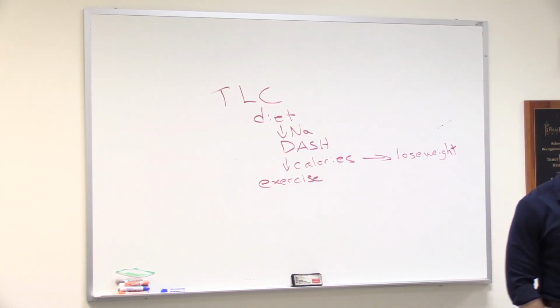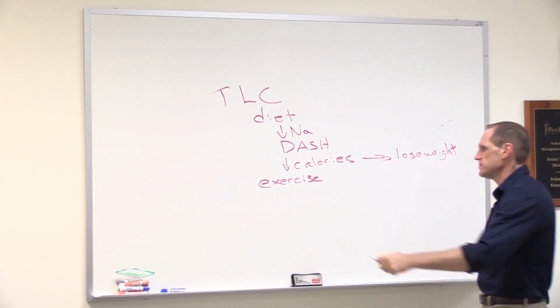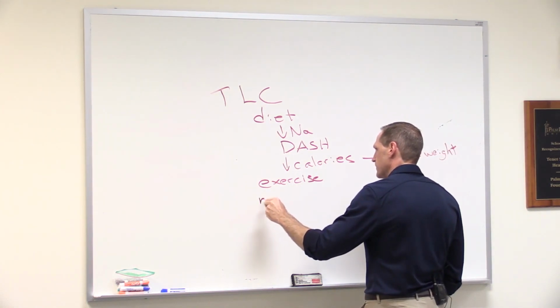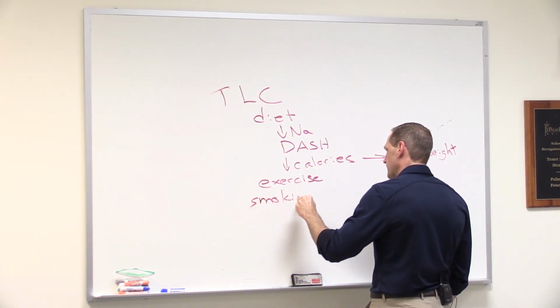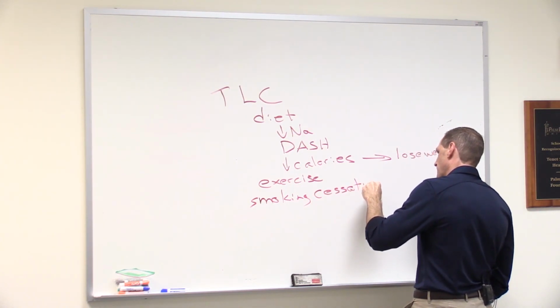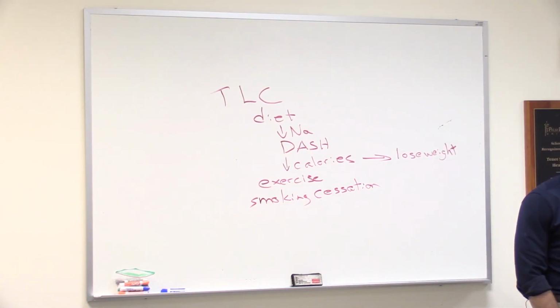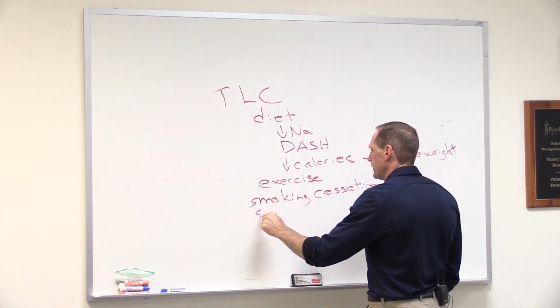All right, what other therapeutic lifestyle interventions do you think a person might want to consider? Their sleep. Smoking cessation. All right, what else? You guys mentioned sleep. That's probably a good one.